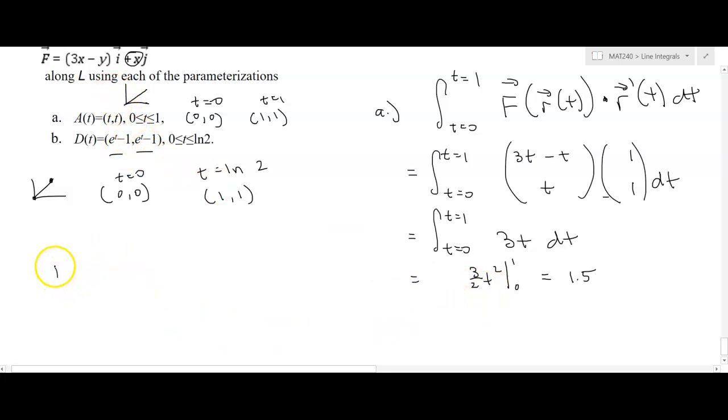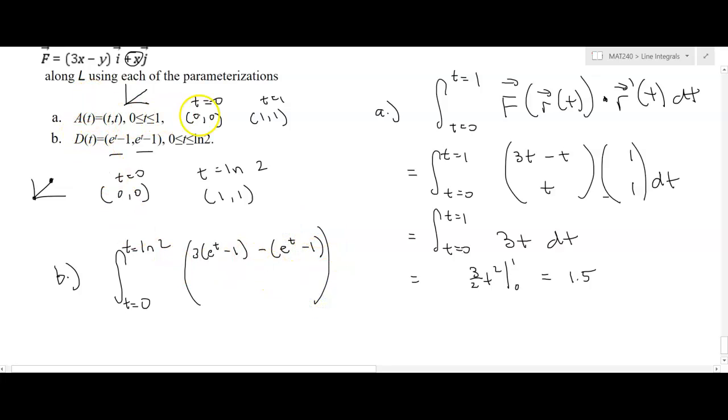If I did it with method B, will we get the same answer? Well, let's see. We know that at t equals 0, we'll be at the starting point, and at time ln 2, we'll be at the point (1, 1). But in this case, I have to evaluate my vector field, which is 3x minus y. Well, x is e to the t minus 1, y is e to the t minus 1.